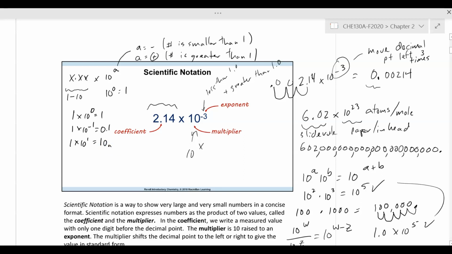The way we read this, if I have over here, this number is 2.14 times 10 to the negative third. So that negative 3 tells me if I want to put this in decimal form, I'm going to move the decimal point over 3 places, going back to the left. So the decimal form of that number is 0.00214.